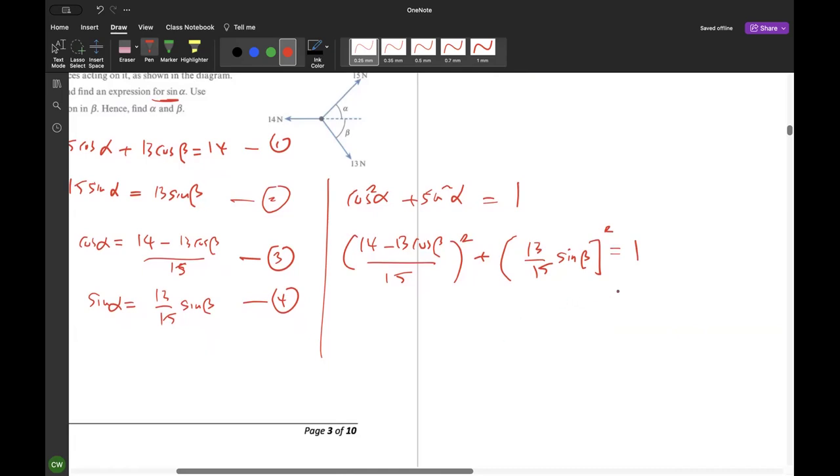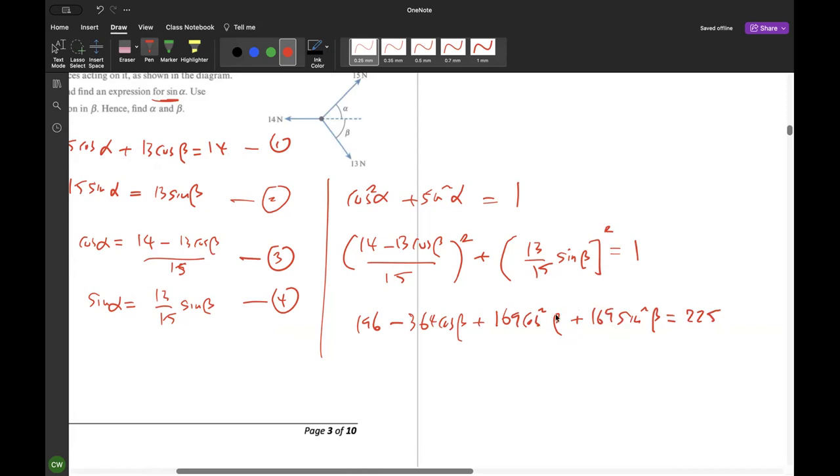Okay, try to solve this one. Everything multiplied by 15 squared. So need to square this: 196, 2 times 14 times 13. 13 squared is 169 cos² β, 169 sin² β. 15 squared put on the other side, 225.